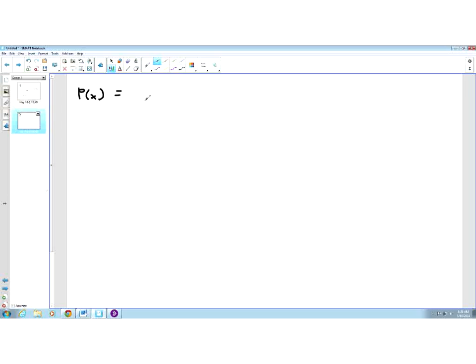So P of x is x cubed minus 8. And so the difference of two cubes, as a review, would be, for this polynomial, x minus 2 times x squared plus 2x plus 4.